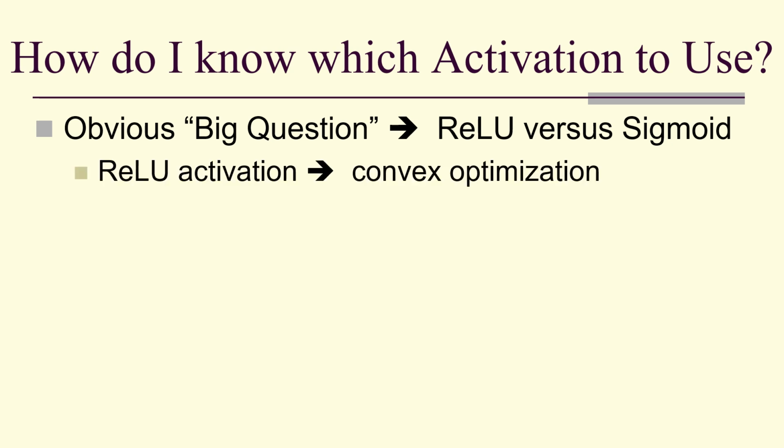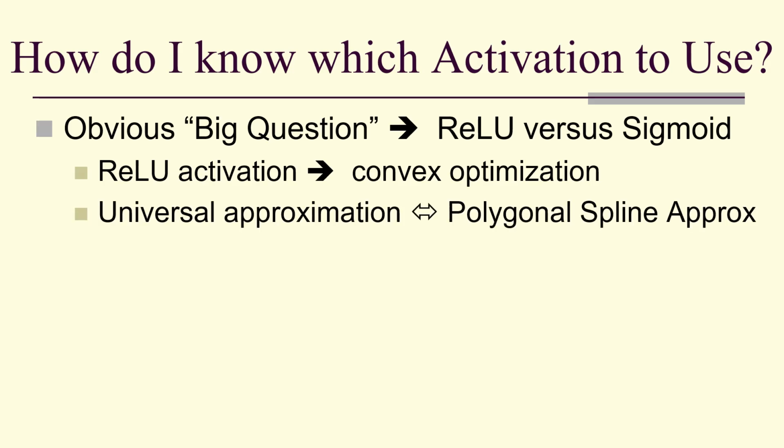Well, there's a real advantage to using ReLU activation because you get convex optimization, and your universal approximation corresponds to polygonal spline approximation. You're doing piecewise linear approximations of the functions. And of course, you can get a universal approximation of a function if you just do a fine enough piecewise linear approximation.